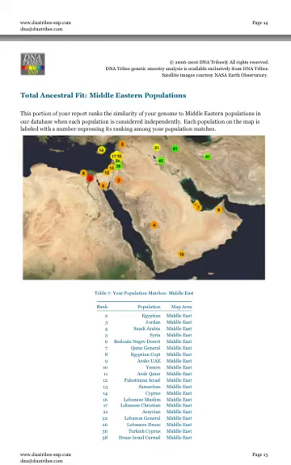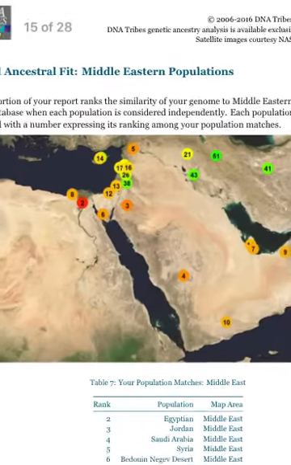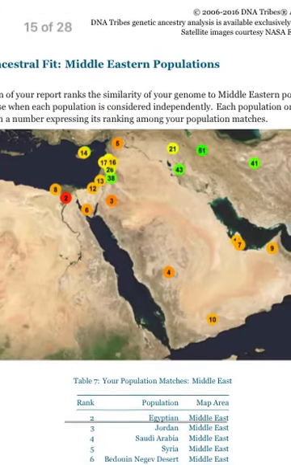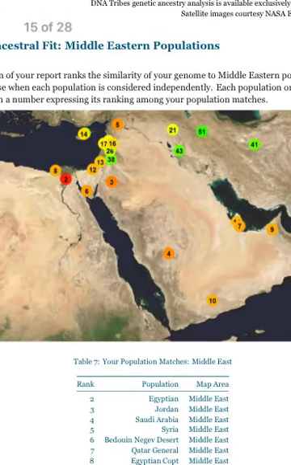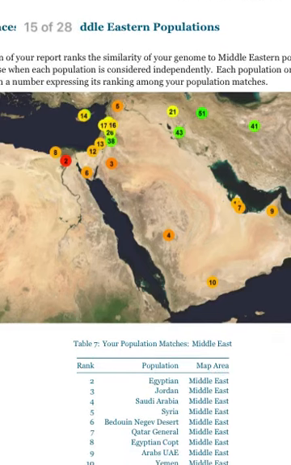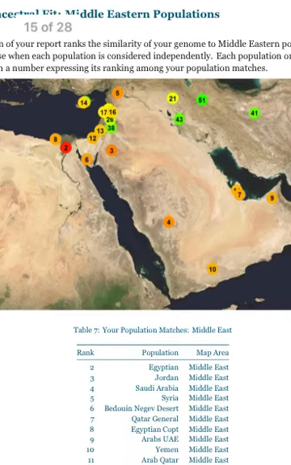Rank number two, Egyptian. Makes sense. It's an Egyptian that's in Lower Egypt. Number 3, Jordan. 4, Saudi Arabia. 5, Syria. 6, Bedouin. 7, Qatar. Number 8 is Egyptian Copt. I don't understand why Egyptian Copt is so much lower down. How am I closer to a Jordanian than an Egyptian Copt?